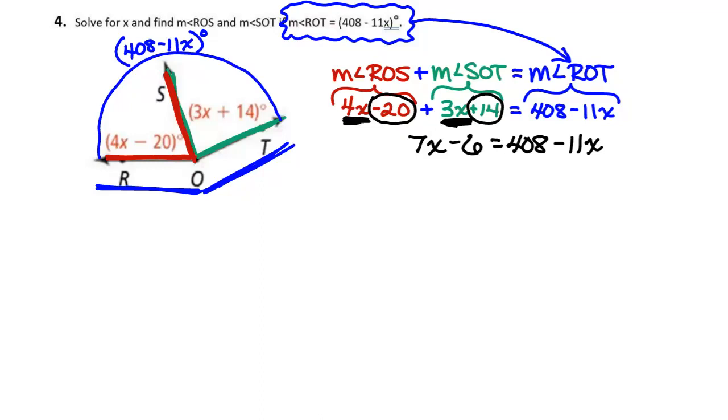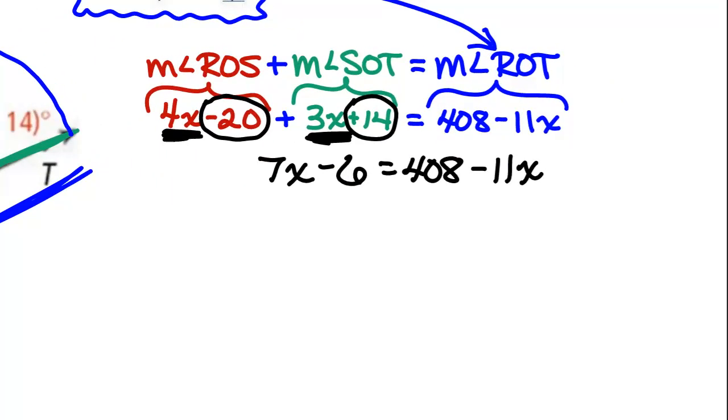So what should I do now? Add 6 to both sides, and then I also want to do what? Add 11x to both sides. I usually group my x's before I move my constants, so I'm going to add 11x to both sides first, and then add 6 to both sides. There's nothing wrong with doing it the other way around.